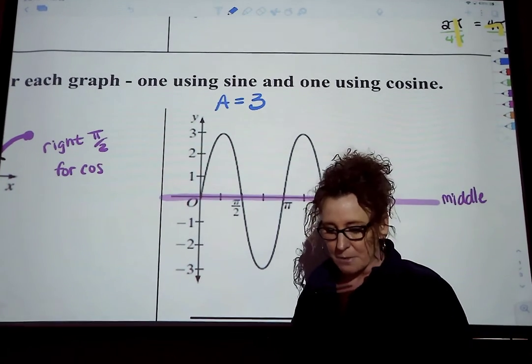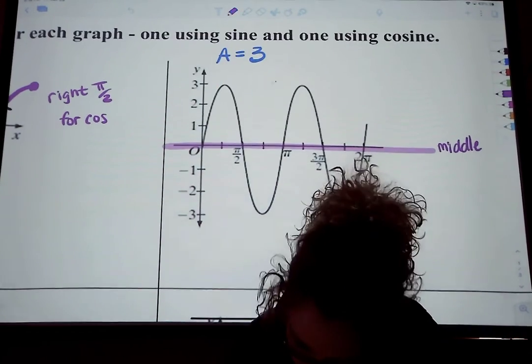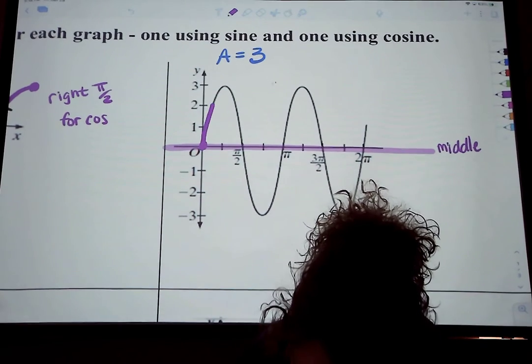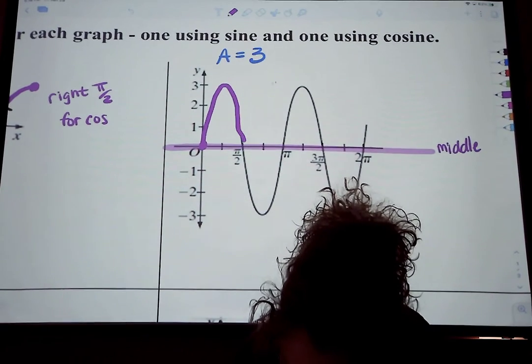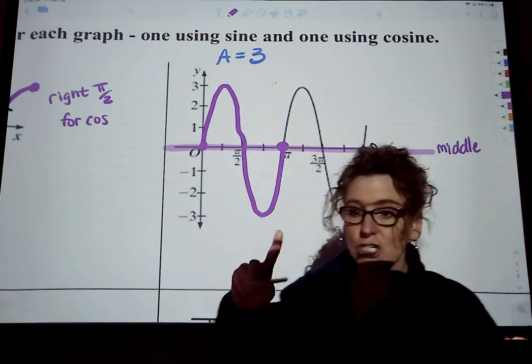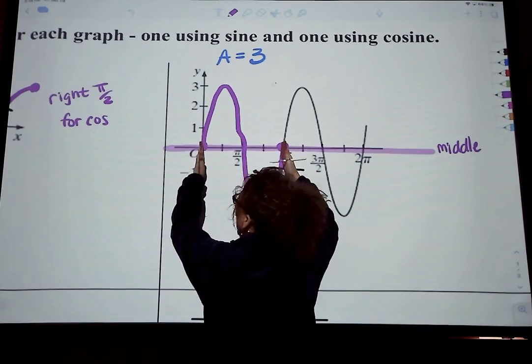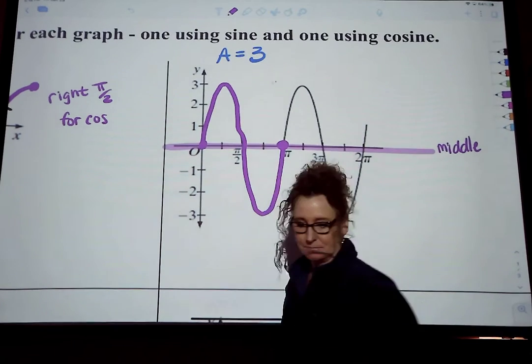So I'll start with sine first. I see sine starting here, up 3, middle, down 3, back to the middle, stop. I drew one cycle. How long did it take me?